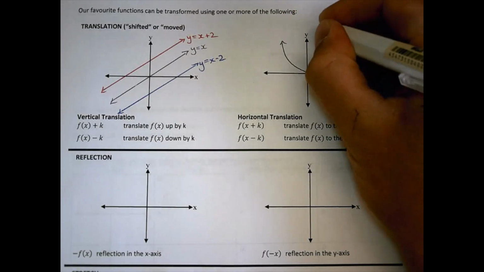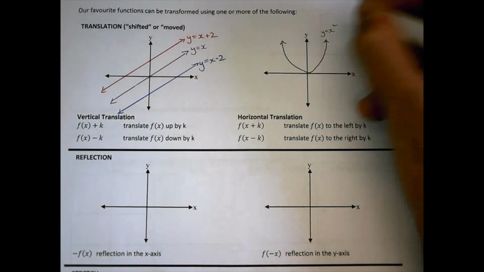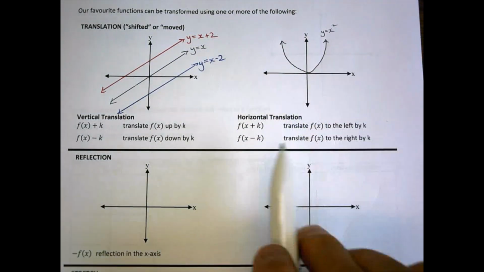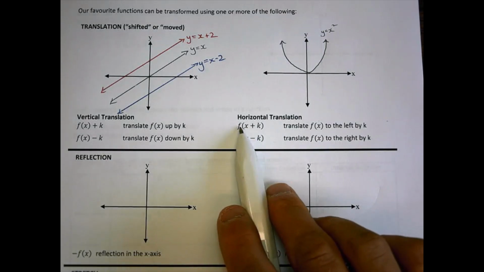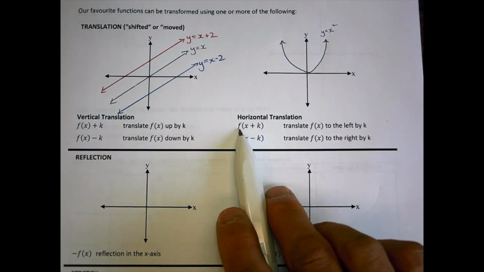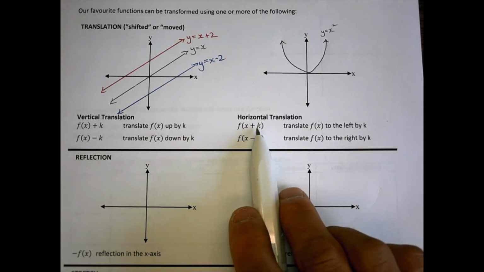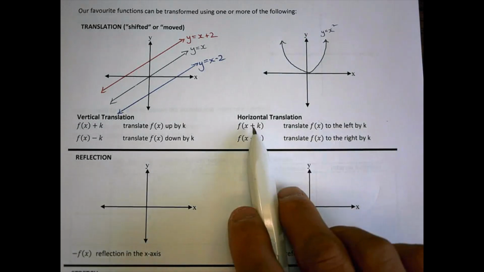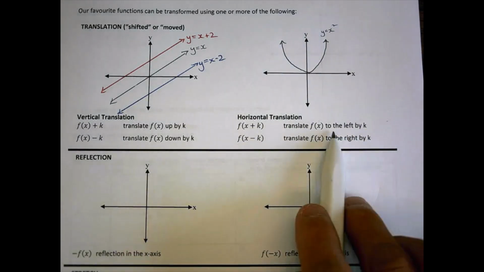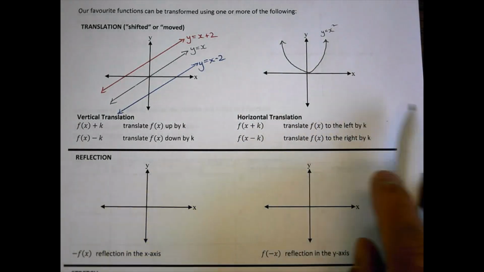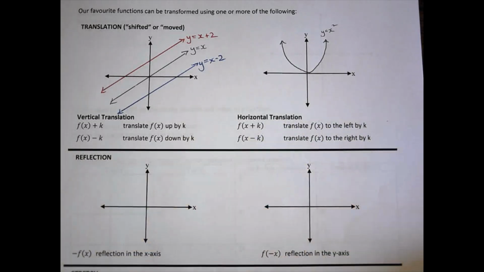Mother parabola, so y equals x squared. Now, if I take my function, so here, note the function notation, f of x, well, instead of f of x, it's going to be f of x plus k. That's going to be a translation to the left. So I add a value inside the bracket. Instead of going positive, it actually goes reverse. It goes to the left.